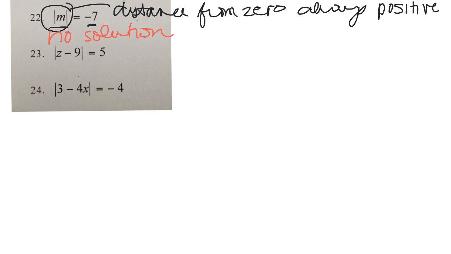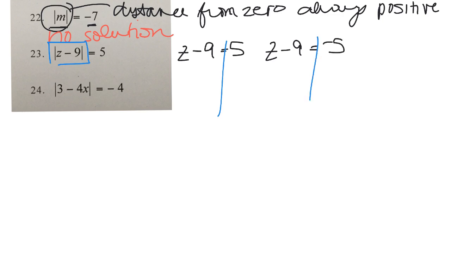Then we have the absolute value of z minus 9. It's by itself, so I can write my two equations. z minus 9 equals 5, and z minus 9 equals negative 5. We can add 9 to both sides. So z equals 14.